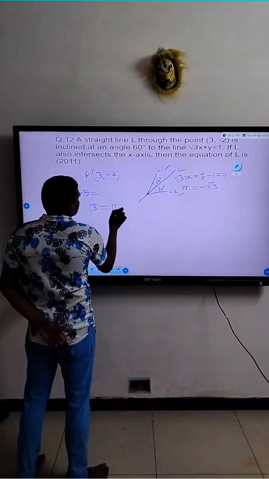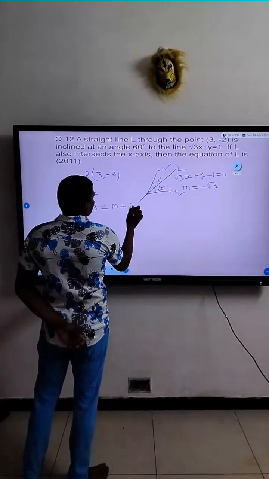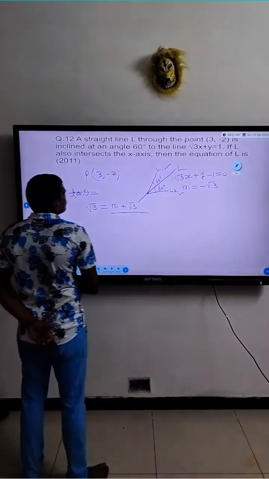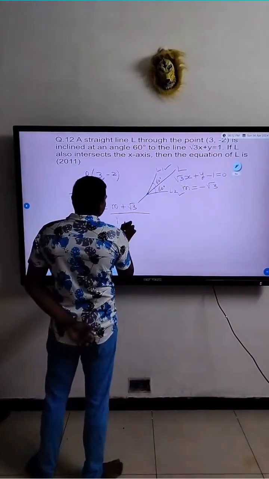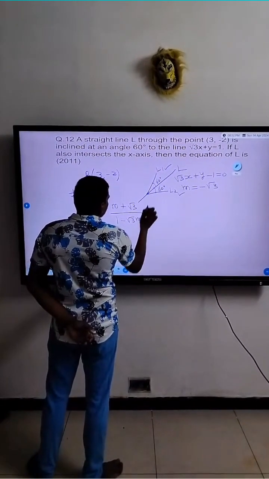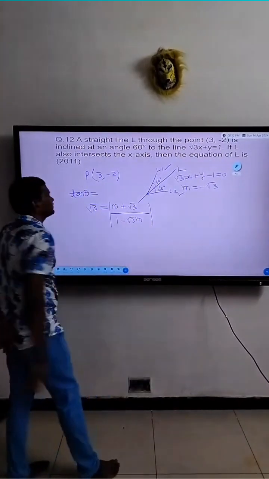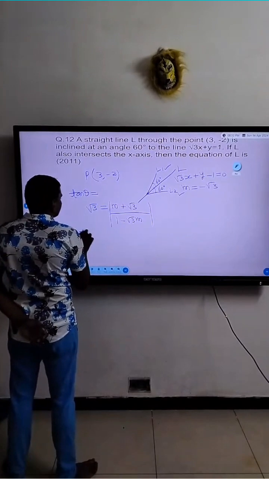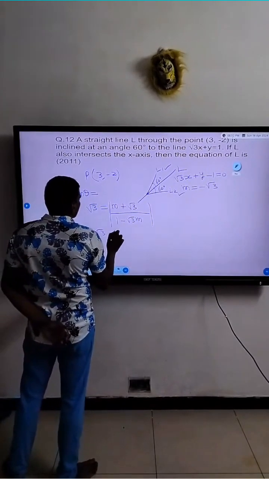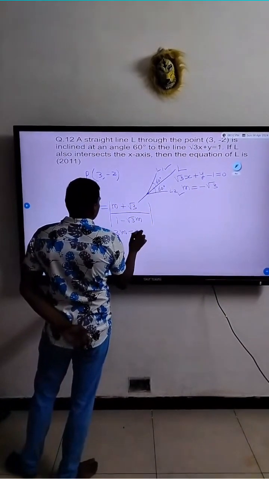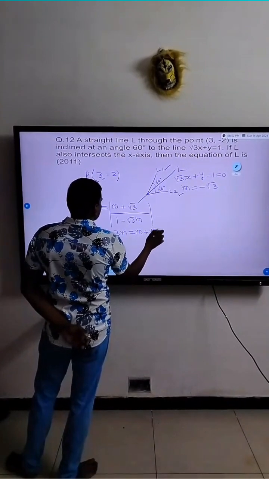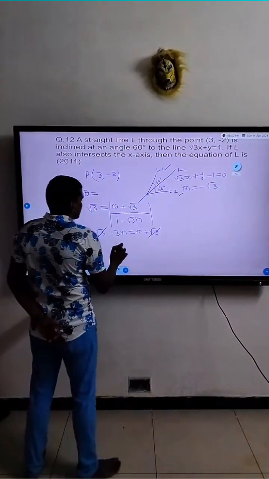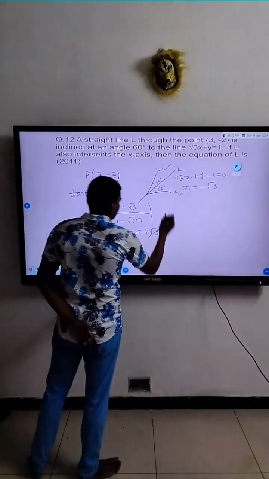So it is root 3 equals the mod of (M1 minus M2) by (1 plus M1 M2). Take one time with plus sign. So we will get root 3 minus 3m equal to m plus root 3, so m is 0.